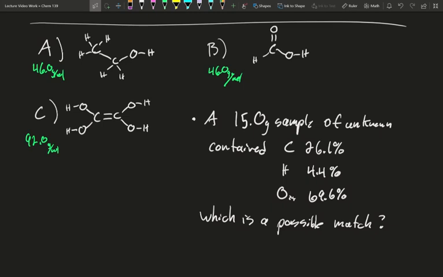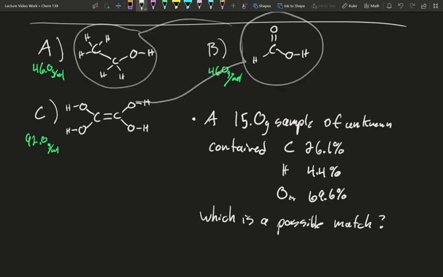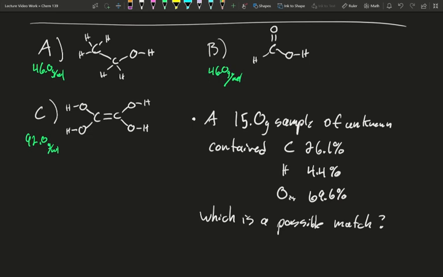In this video, we're going to explore using mass percent of a sample to find the empirical formula and identify a possible species for an unknown sample. So here are 3 carbon, oxygen, hydrogen containing compounds. I have ethanol, I have formic acid, and I have 1,1,2,2-tetrahydroxyethylene.